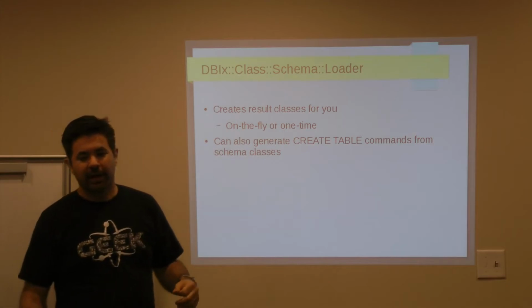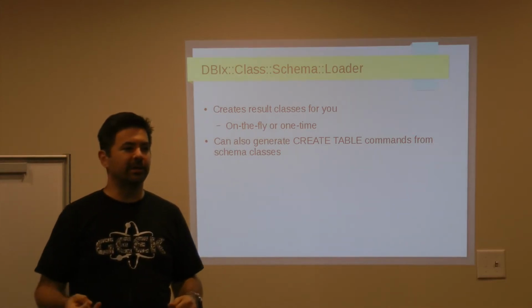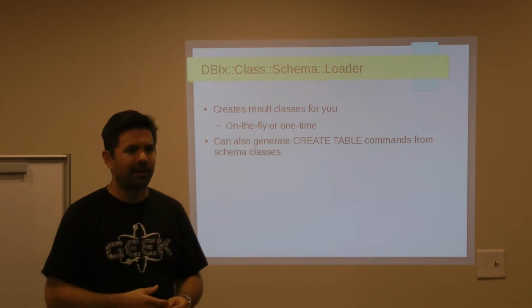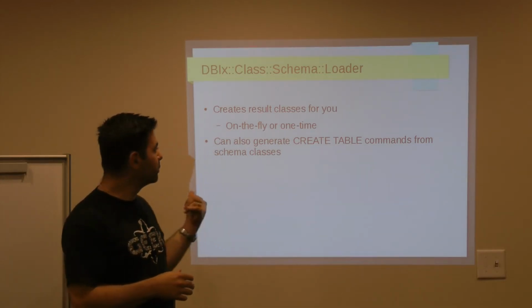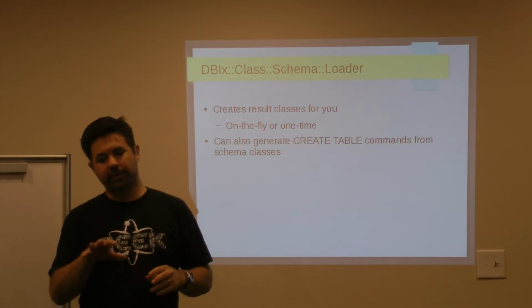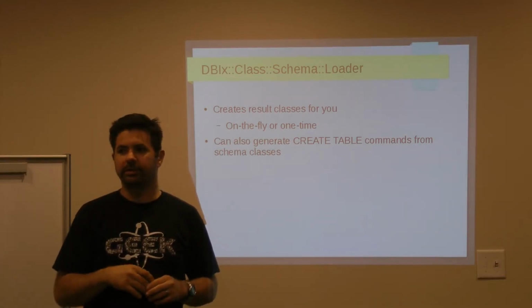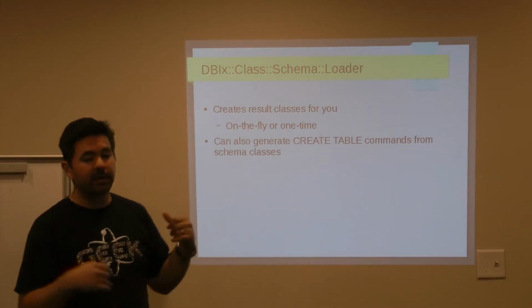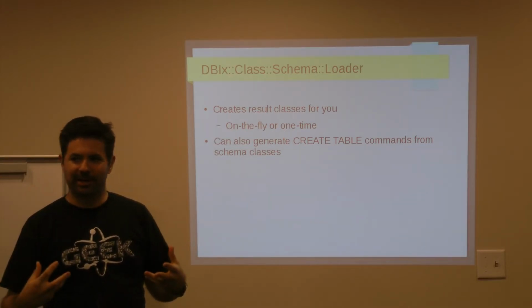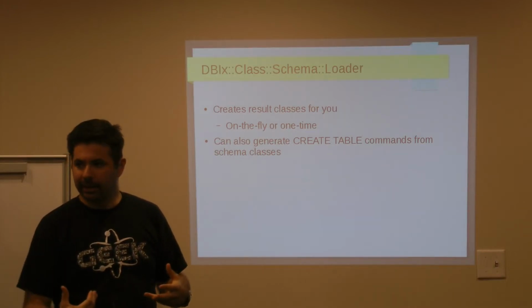The other thing is, say you have a database schema that's changing a lot, it's in active development. You can write your application, and the documentation says don't do this in production, but in development you can have it dynamically generate your schema files on the fly.